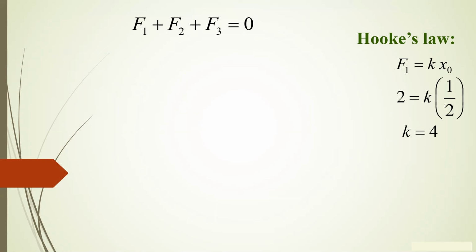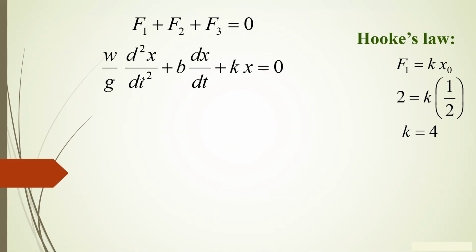So applying Hooke's law, K equals 4. So now we have this, actually just reversed. I reversed it right away because this one is a derivative. This one is just an x. Okay? So, second order, first order, and no order, it's linear.